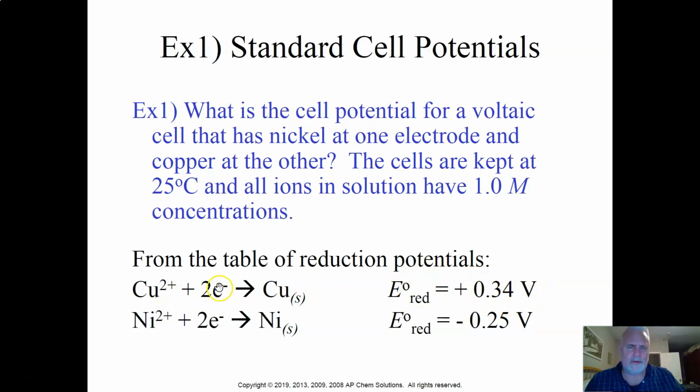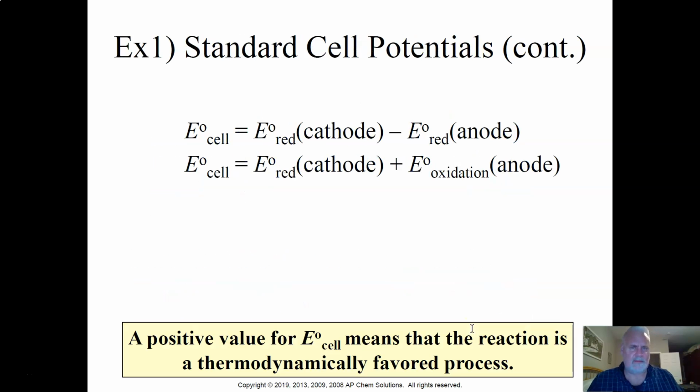So the copper reaction is going to be reduction, and then that will be the cathode, and that's where the electrons will be coming toward it because they're gaining the electrons at that point. And that means at the nickel electrode, it will undergo oxidation, and it would be the opposite sign of this. So that's why I prefer this second reaction.